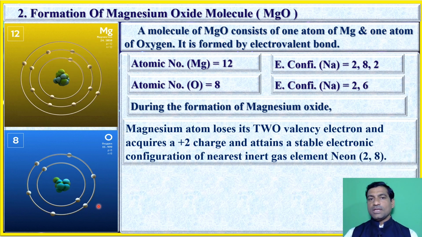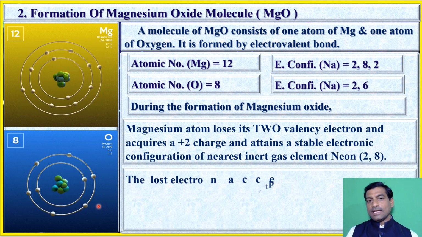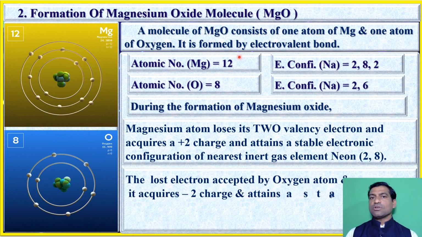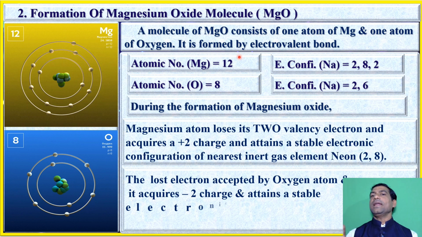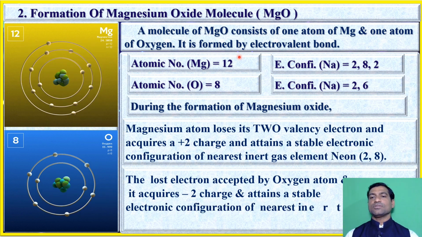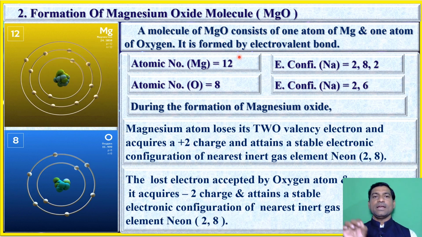Means magnesium 2 इलेक्ट्रॉन डोनेट केल्यानंतर स्टेबल होत असतो आणि ऑक्सिजन 2 इलेक्ट्रॉन ऍक्सेप्ट केल्यानंतर stable होत असतो. For example, here the molecule of magnesium oxide consists of one atom of magnesium and one atom of oxygen. Means the magnesium oxide contains two atoms, that is one atom of magnesium and one atom of oxygen. It is formed by the ionic bond or electrovalent bond.